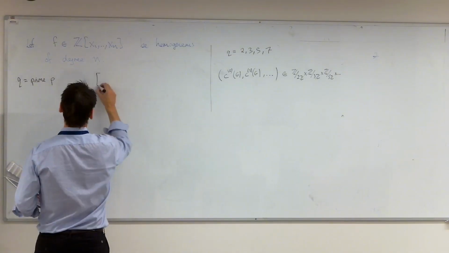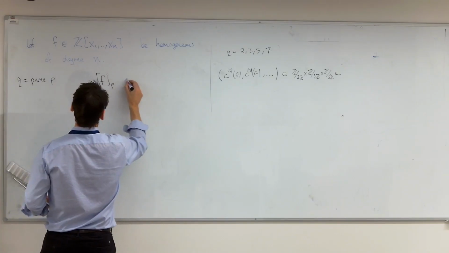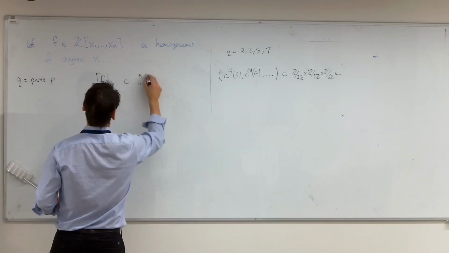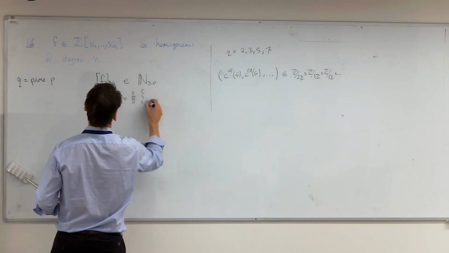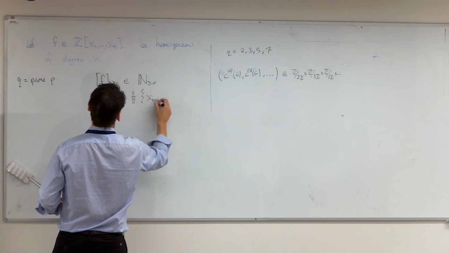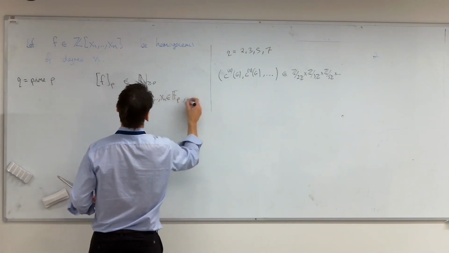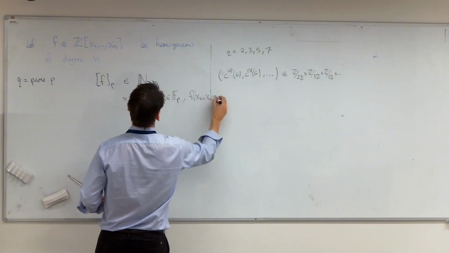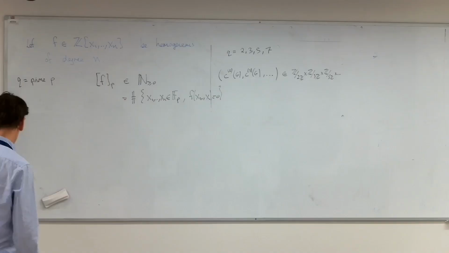So we have F_p, and the number of solutions (x1, ..., xn) in F_p^n such that f of x equals 0. Okay.